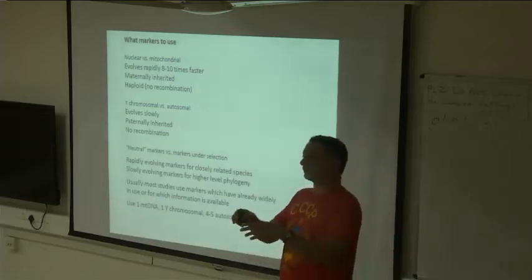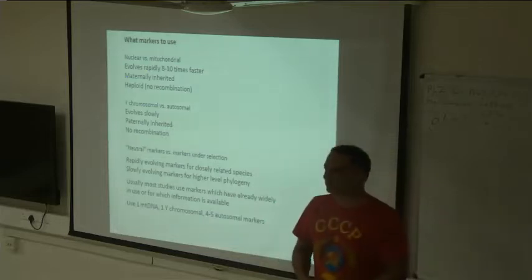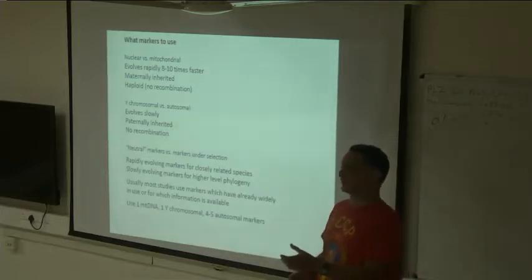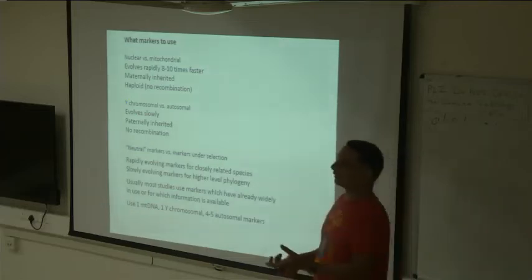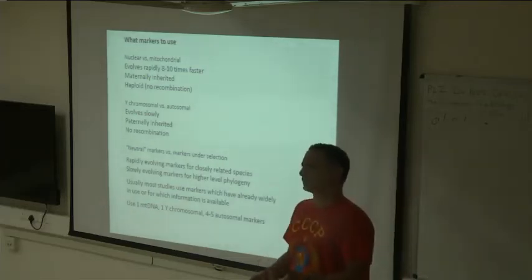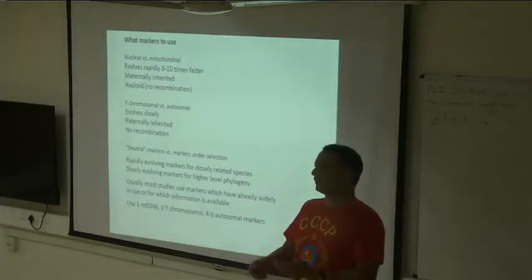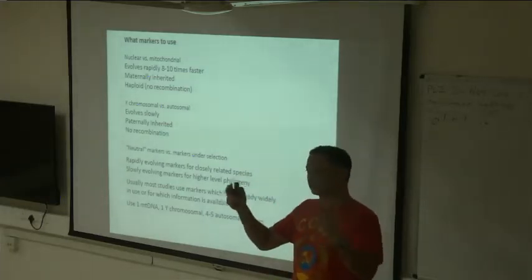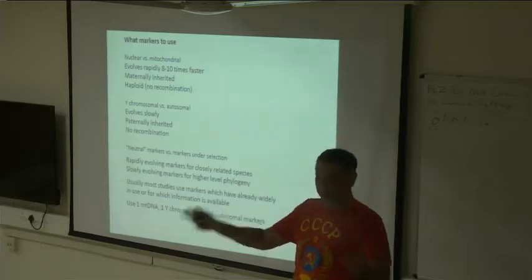But the actual coding region of the genome is really very tiny, right? In humans, we have about, I don't know what the estimate is now, 20,000 to 40,000 genes or something like that, right? But that would be, I don't know how many base pairs, a very tiny proportion of the actual size of the human genome.